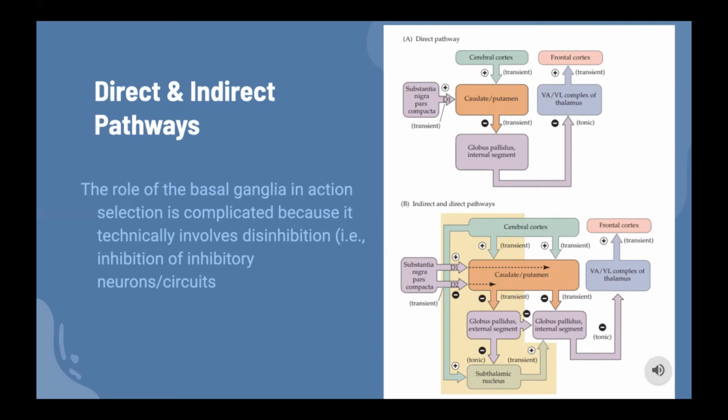The same ending of the pathway occurs, which includes the globus pallidus and the substantia nigra sending inhibitory neurons to the thalamus, which then sends excitatory neurons back to the motor cortex. The indirect pathway allows the activation of inhibition, which turns off the motor cortex.